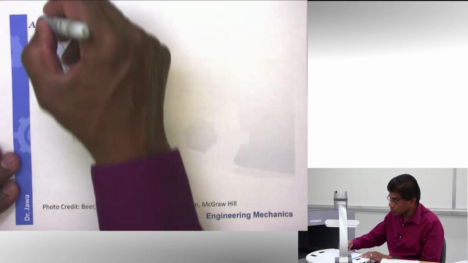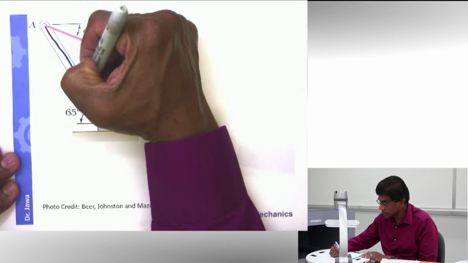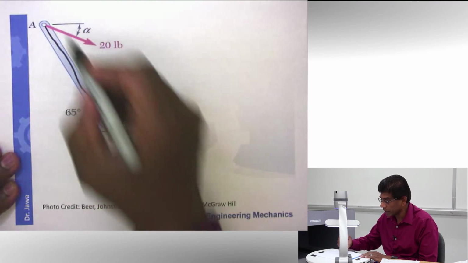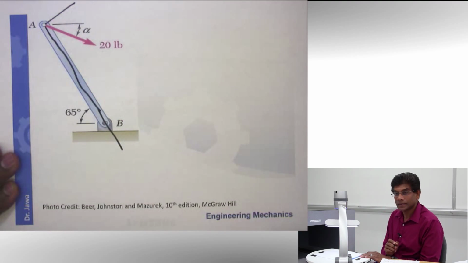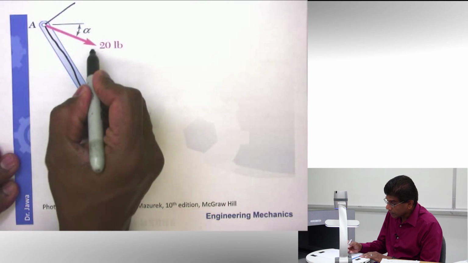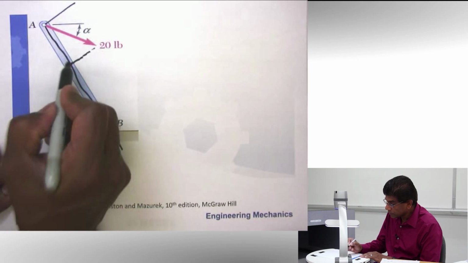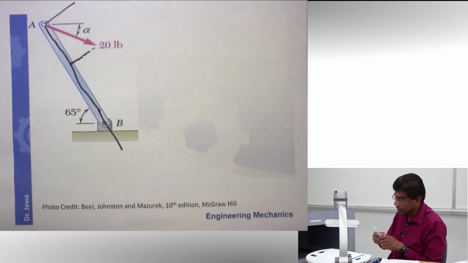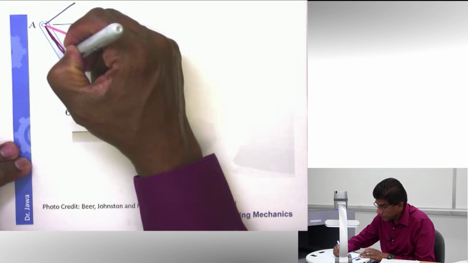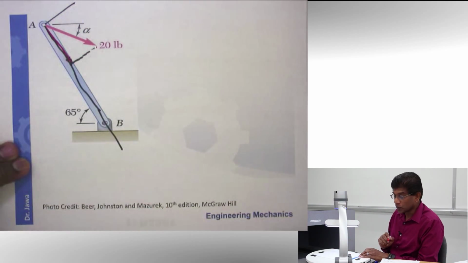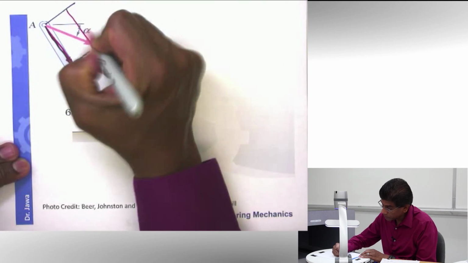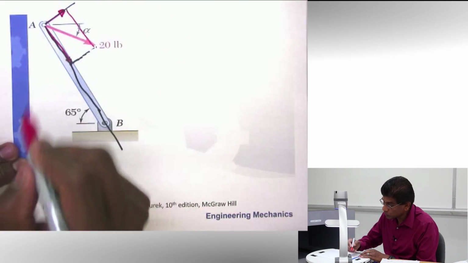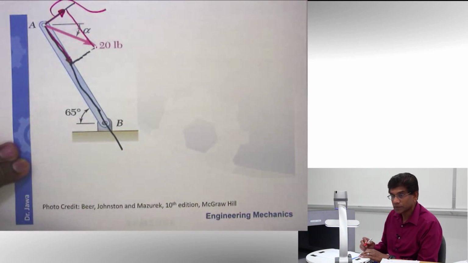Again, if I assume this is an axis, so you could say this is your x-axis, this is your y-axis. You could do that. All right? If I did that, I project this force, the x component of the force is going to be here. Let me show that using a different color. So here is the x component of this force. And if I drop a perpendicular, this is going to be the y component of this force.